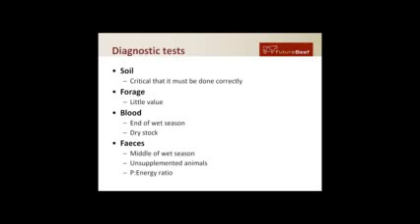Okay. In the past, I've mentioned with the diagnostic test, we can go and get soil samples done. It's very critical that the soil sampling is done correctly so that we're getting an accurate analysis for that particular soil type. Quite a number of samples need to be done, and we also need to soil map all of the areas that cattle are grazing in.